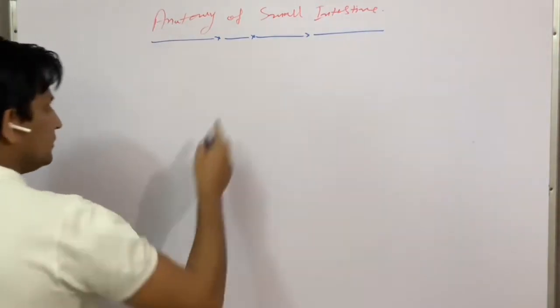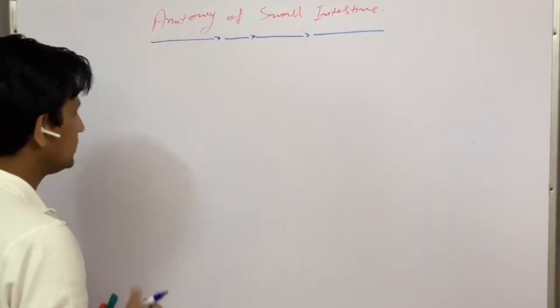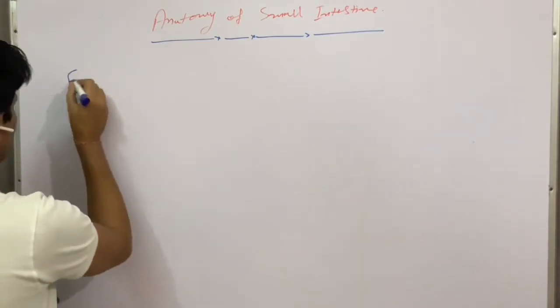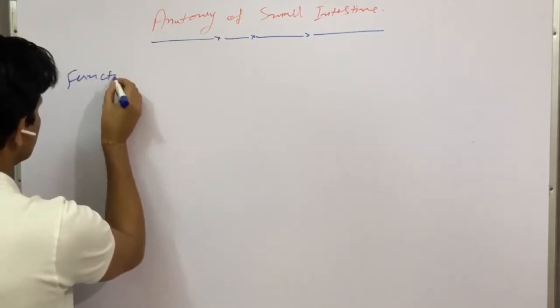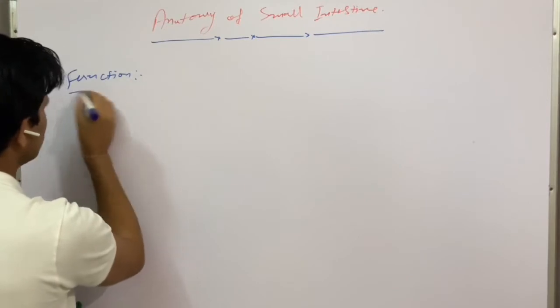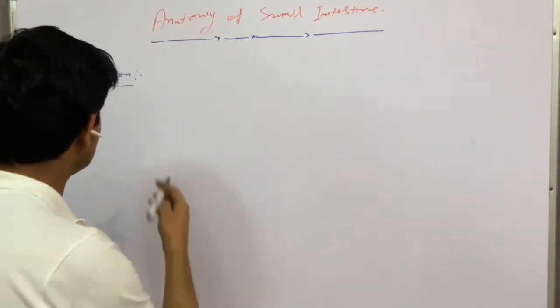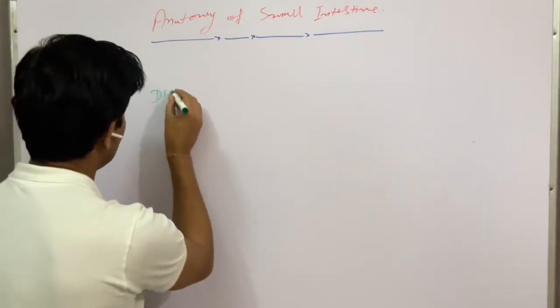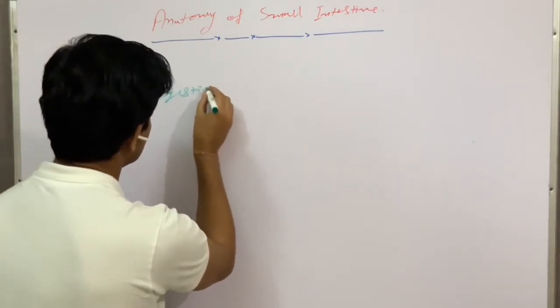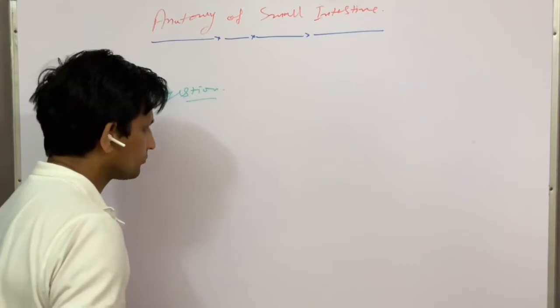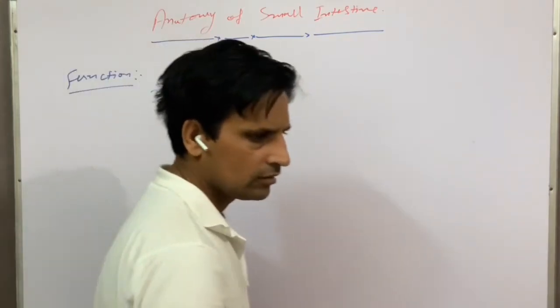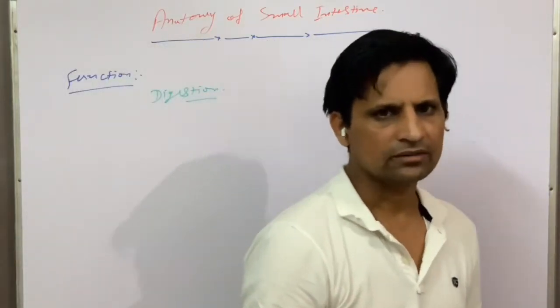This is the most important part of the GI tract because it has some specific functions. And what are these functions? Number one, the most important function is digestion. This is the main portion where the digestion occurs.